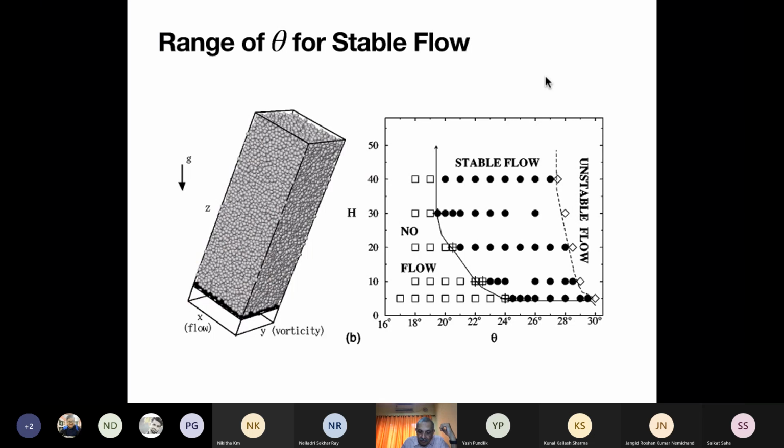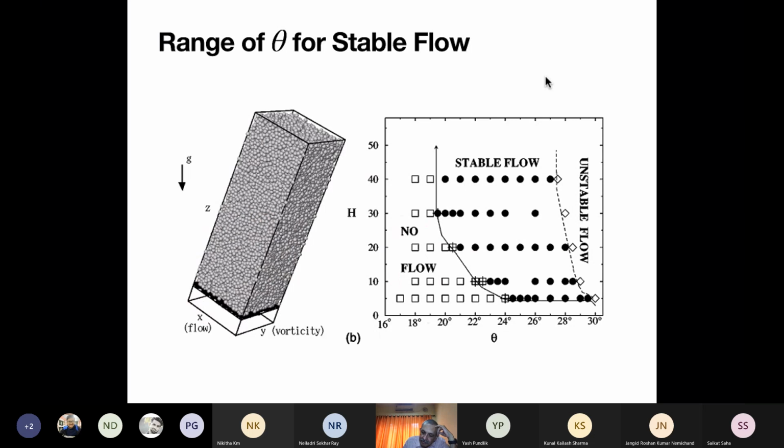One of the things that they found out is that as you increase the angle, first, if your angle is too low, there will be no flow. Then as you go on increasing the angle, you get stable, steady flow. And if you go beyond a certain angle, the flow never reaches steady state.